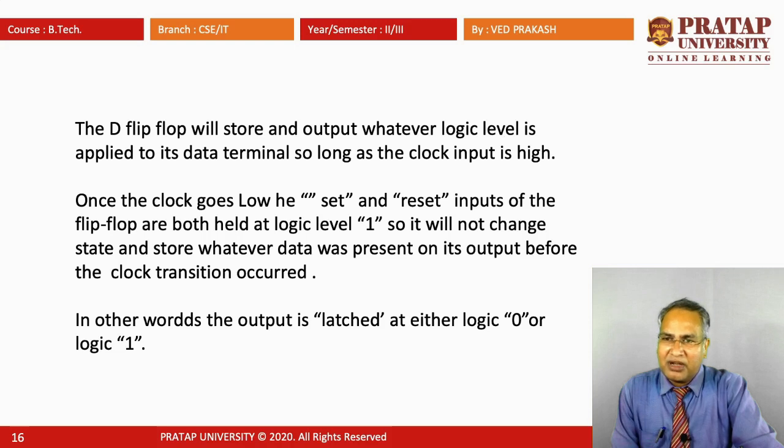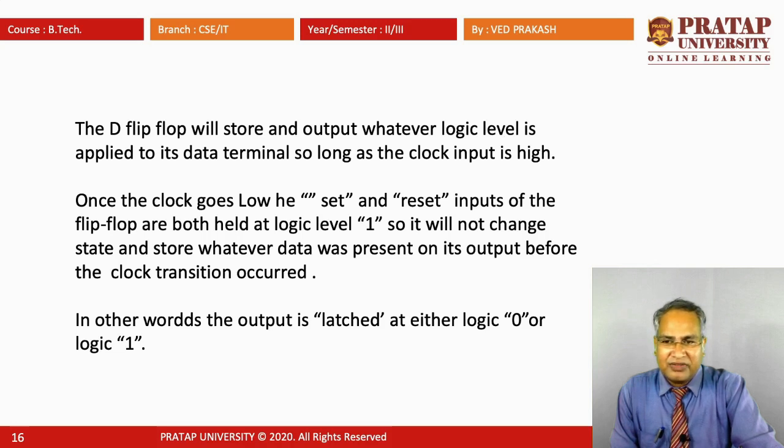Once the clock goes high, the set and reset inputs of the flip-flop are both held at level 1, so it will not change state. The data that was present on its output before the clock transition occurred remains.